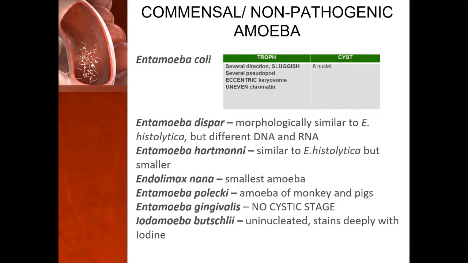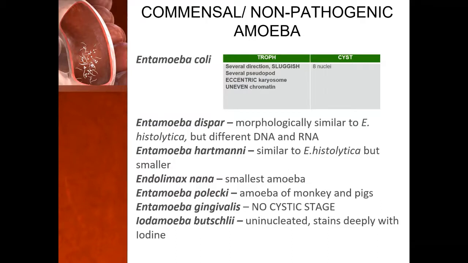The trophozoite of Entamoeba coli moves in several directions, unlike the histolytica, which moves in a single direction and is progressive. So Entamoeba coli is several direction and sluggish. It has several pseudopods, an eccentric karyosome, and uneven chromatin.